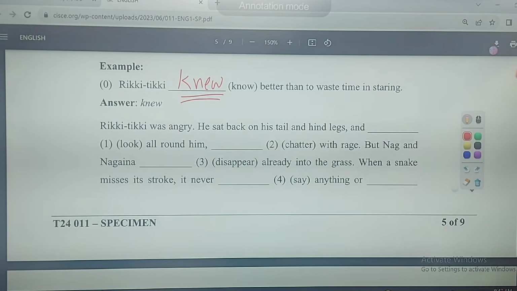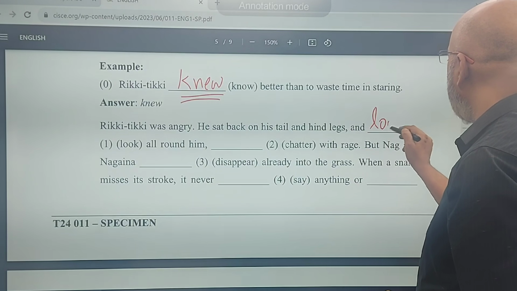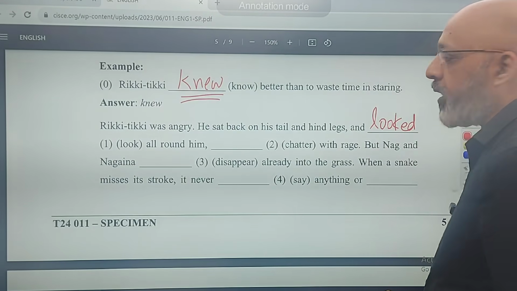So Rikki Tikki was angry. You will have a look at it and then we will work on this particular solution. So Rikki Tikki was angry. He sat back on his tail and hind legs and dashed all around him. Dash with rage. Right? Here it is knew, so here it will be he looked around him.